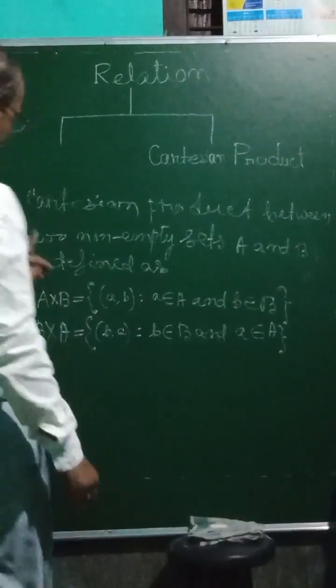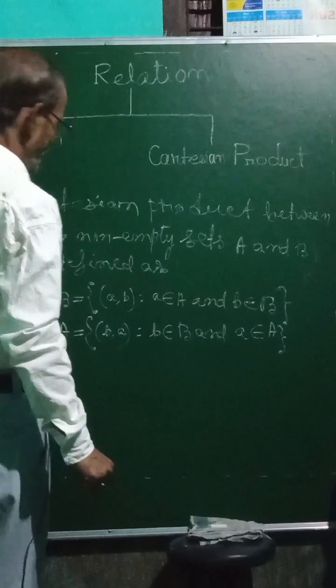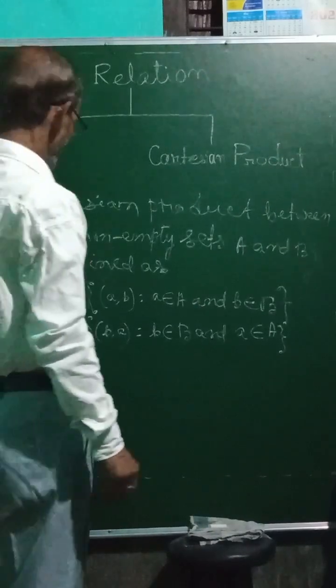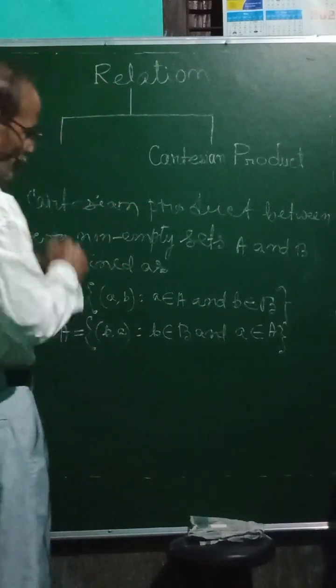After understanding ordered pairs, we are defining the Cartesian product between two sets.